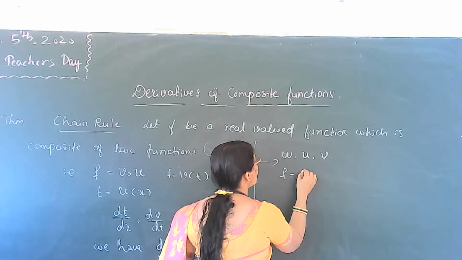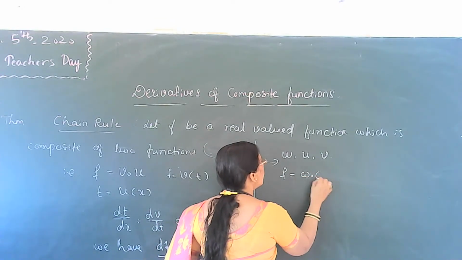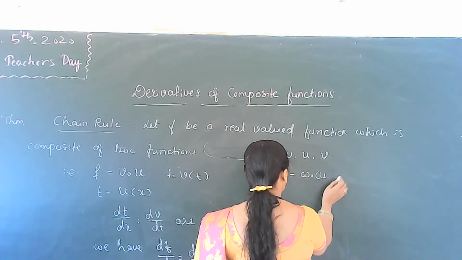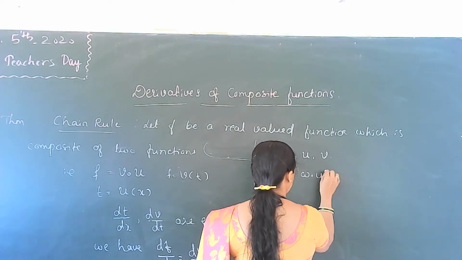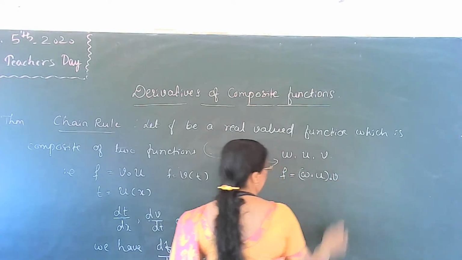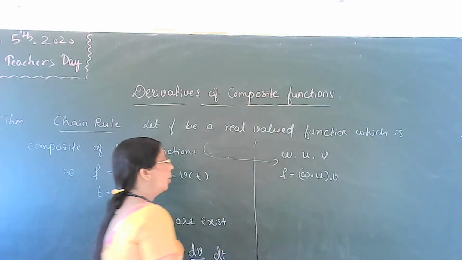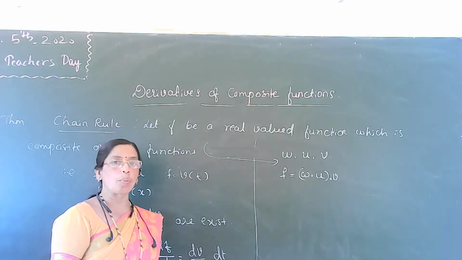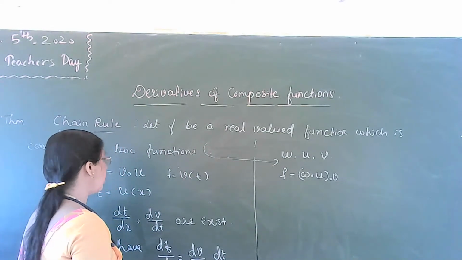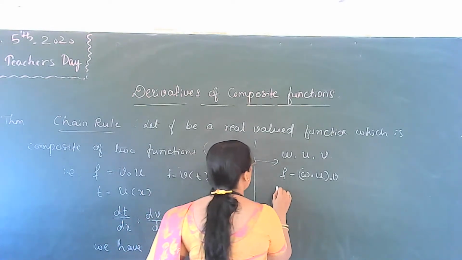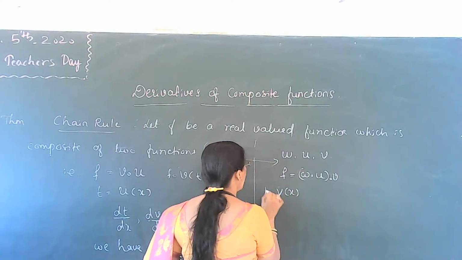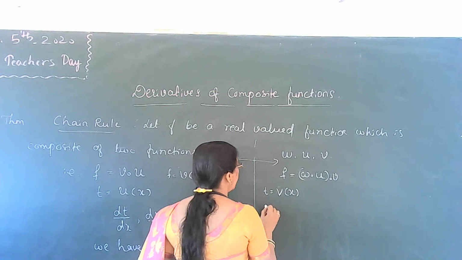Here f is equal to w of u of v. It is also a real valued function. We take here v of x is equal to t.